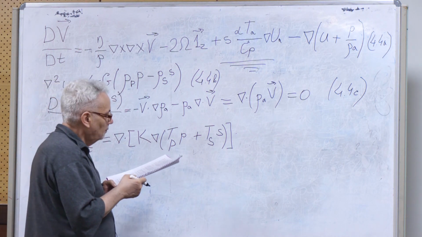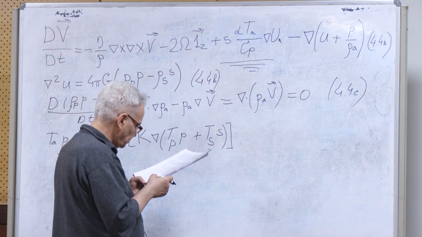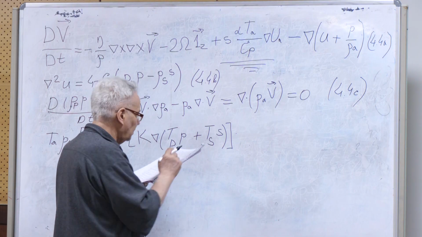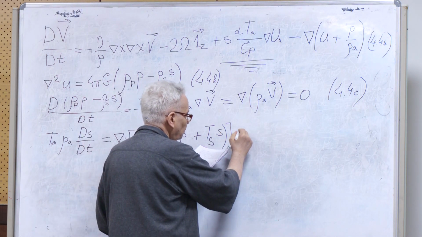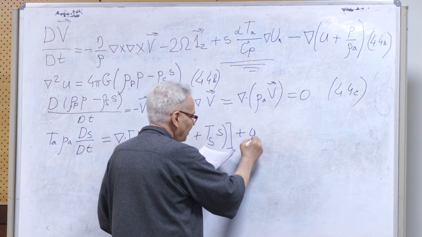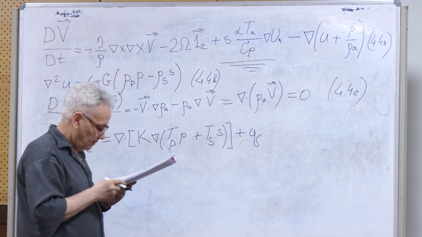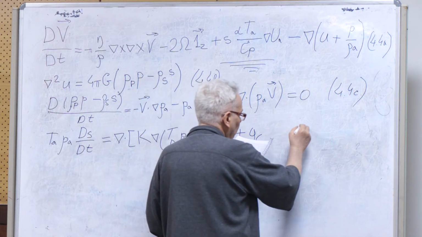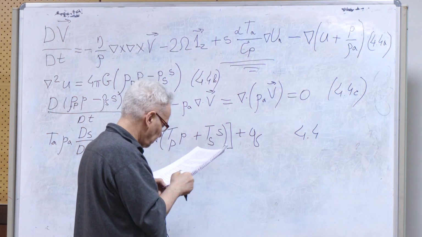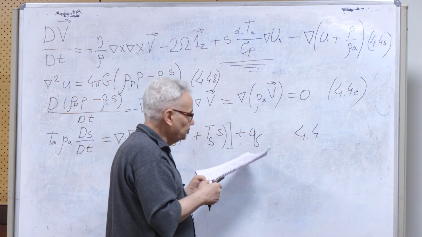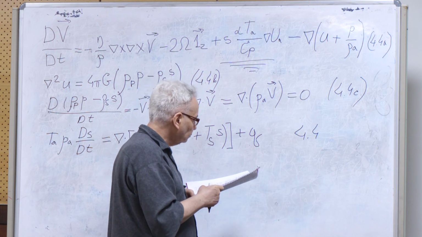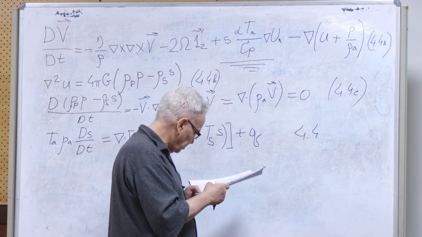So instead of writing Q_A and defining it separately, let's nevertheless keep Q. We better write it down separately, because actually it is the major source of the heat that produces convection.